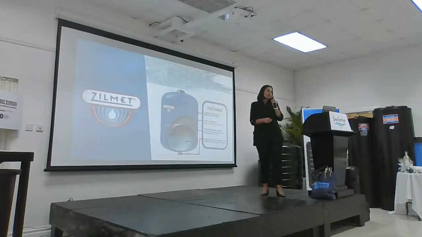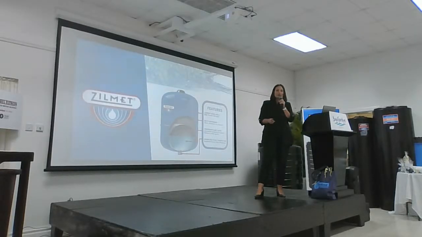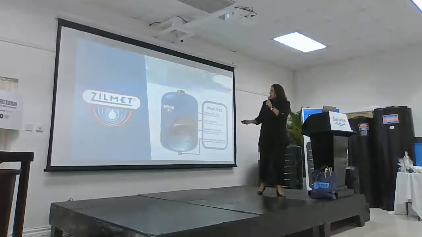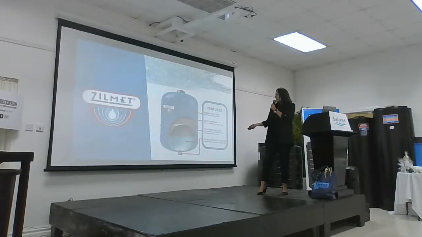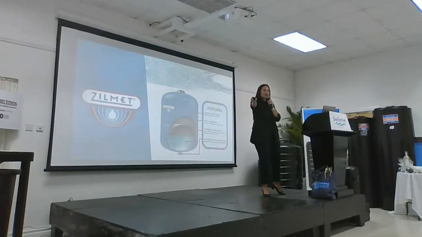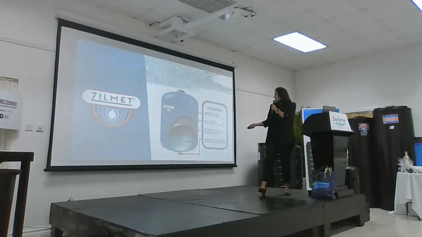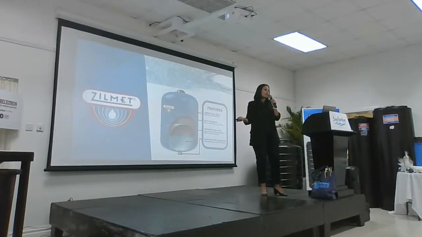With the new Zilmet Easy Pro tanks that we're going to be getting later on this year, some features you can look forward to are a polypropylene liner. This is what we have on display here, so I definitely advise you check it out. What's great about this liner is that water does not sit in the pressure tank, so it's reducing the likelihood of corrosion, extending the life of the tank.